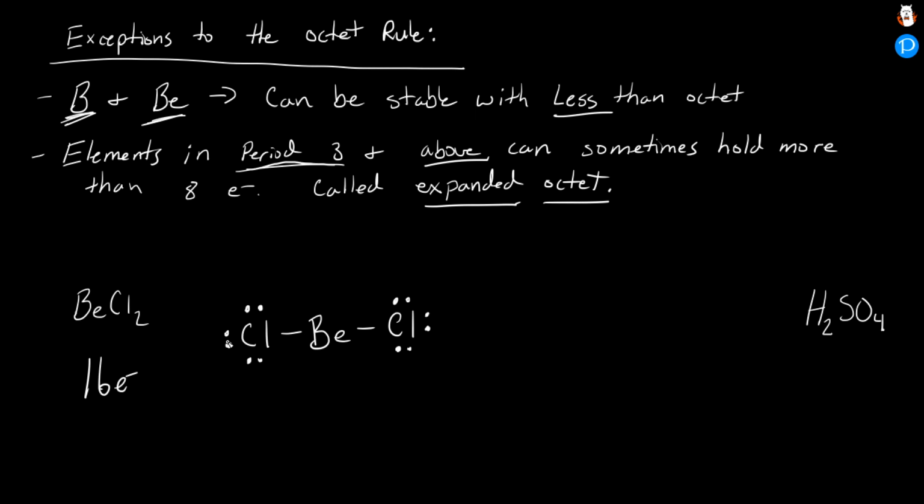So let's see, 2, 4, 6, 8, 10, 12, 14, 16 electrons, and I am done with this Lewis structure because remember, beryllium was one of those exceptions to the octet rule. I don't have to make sure that there are 8 electrons around beryllium. He's good with less than an octet, and so I'm done with that Lewis structure.